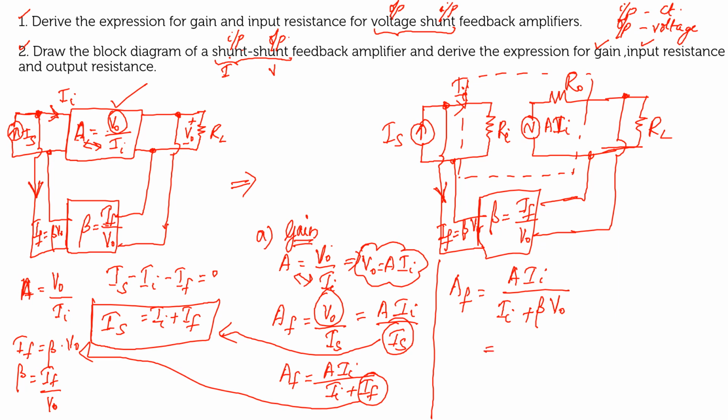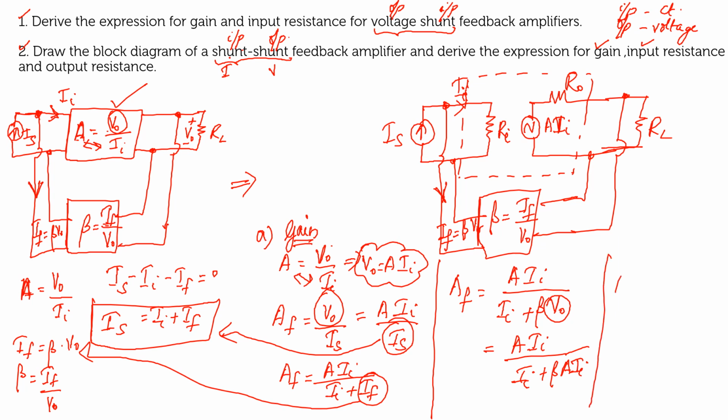Now again you have a parameter V naught. You have to replace your V naught. What will be your V naught? You can replace it again by A into II. So A into II divided by II plus beta into V naught is replaced by A into II. So can we take II as common and cancel everything?